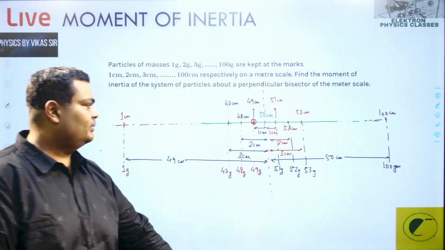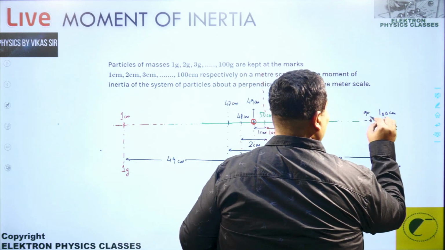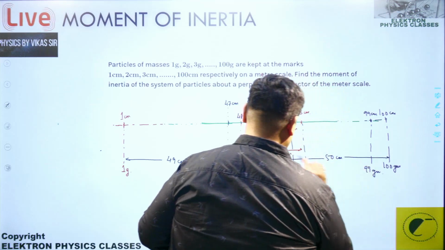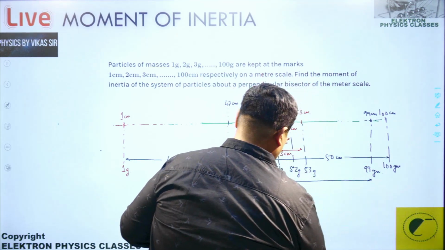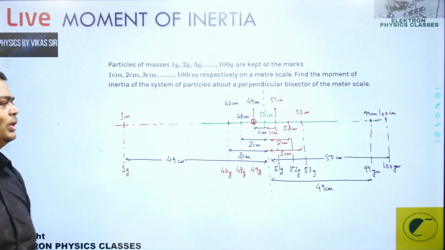And so there is a particle here at 99 centimeter, having the mass 99 gram, and the distance of that particle is 49 centimeter. That's the whole arrangement.